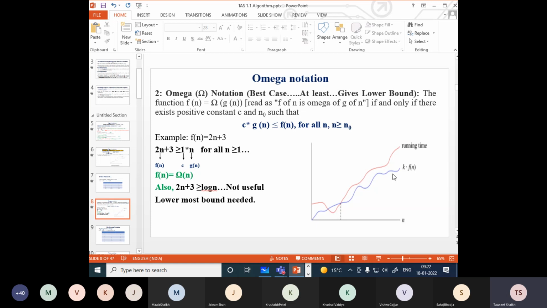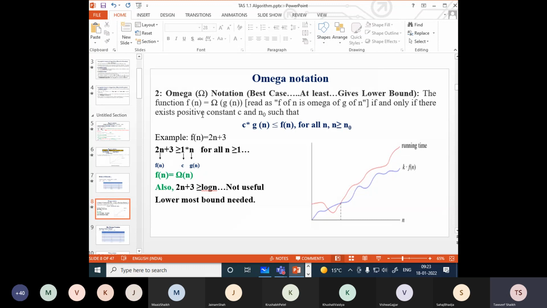But when we do the deep analysis, these asymptotic notations have nothing to do with best and average cases. But for the sake of convenience, you can remember that the big O gives the worst complexity, and the omega gives the best. It means this algorithm will at least take this much time, but not lesser than this. Even if it is a very minute amount of time, it still has to take it. It gives the lower bound.